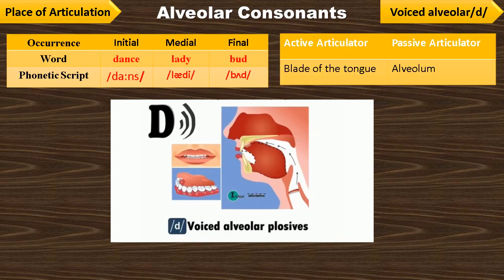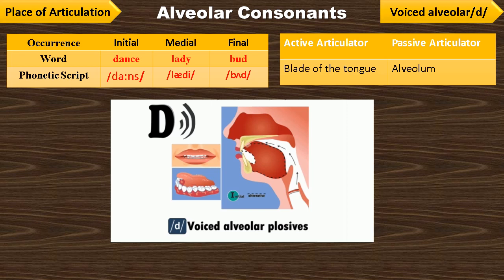It is a voiced consonant. When it is articulated, the vocal cords vibrate, and it occurs initially as in the word dance, medially as in the word lady, finally as in the word bud. The blade of the tongue is the active articulator.